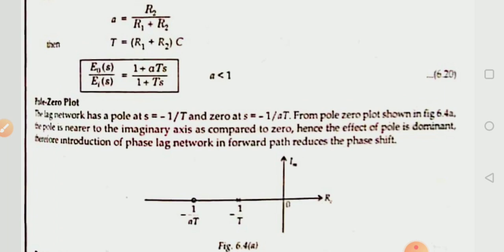It is due to the pole and zero nature, because when the dominating zero is there, it increases the phase shift, and when the dominating pole is there, it reduces the phase shift. So by introducing zero and pole, we can compensate the control system however we want.